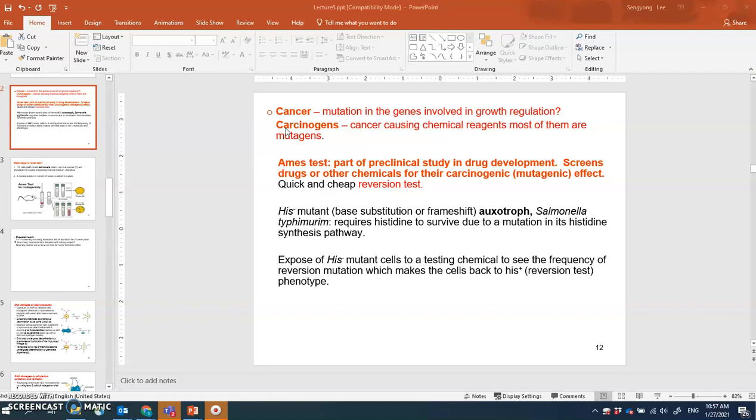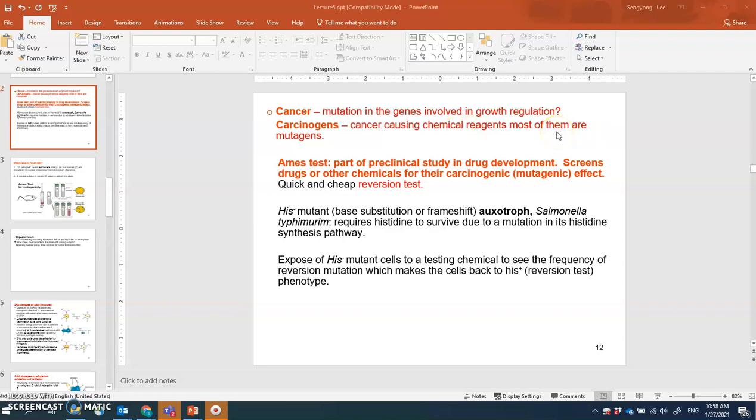So then the question is, would a mutagenic condition really trigger cancer development? The answer is yes. The chemicals or conditions that cause cancer, we call them carcinogens. So carcinogenic conditions are cancer-causing conditions, such as toxic chemicals that induce mutations in normal cells, so normal cells become cancer cells.